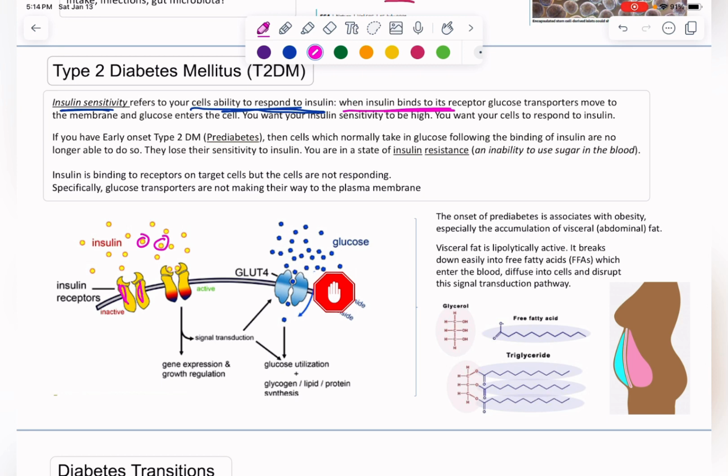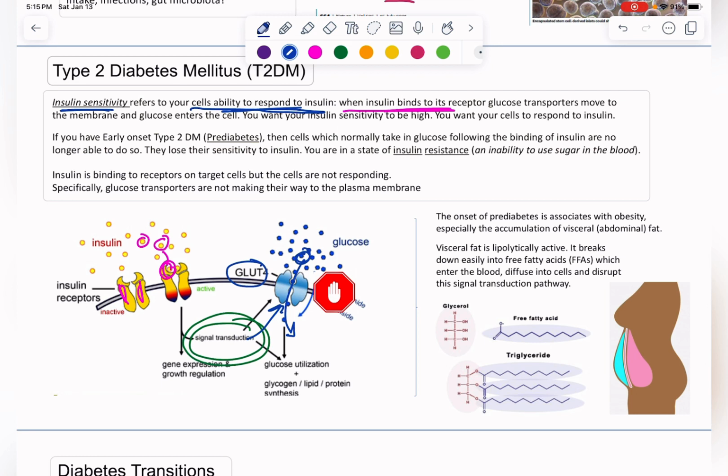Here's the receptor. When insulin binds to its receptor, that activates this signal transduction pathway, and the net effect is that glucose transporters, these GLUT4 transporters, move to the plasma membrane, and that allows glucose to move through these transporters inside the cell.